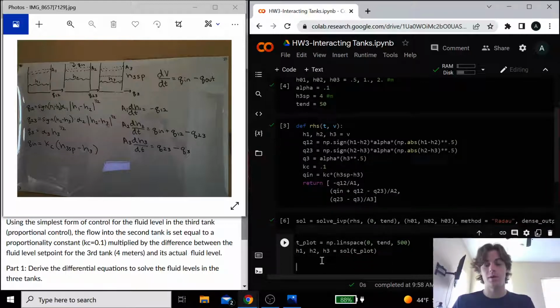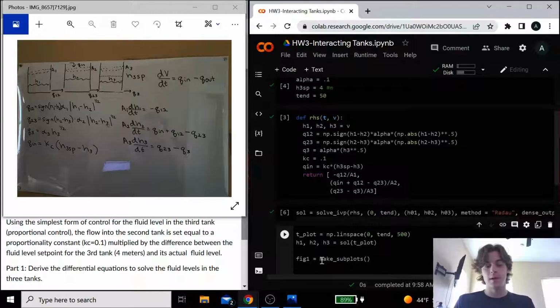Now we're ready to plot. So I'll define our first figure. And we'll add a scatter. And so I'm going to graph each height on the same set of axes, so we can see how they're interacting and how they're changing over time.